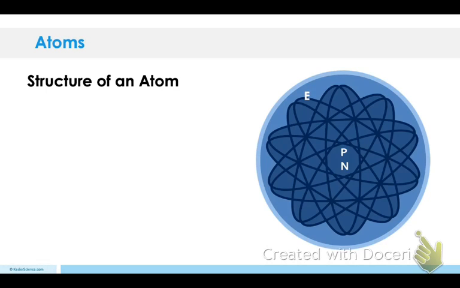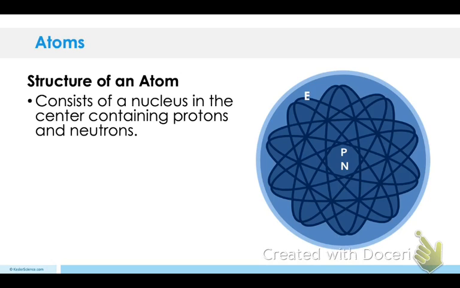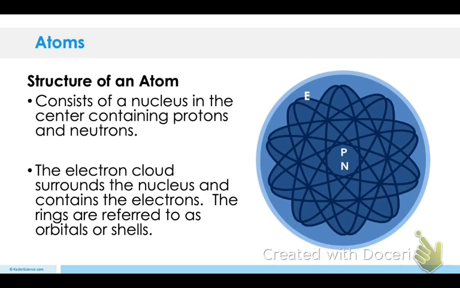So, the structure of an atom: it consists of a nucleus in the center containing protons and neutrons. The electron cloud surrounds the nucleus and contains the electrons. The rings are referred to as orbitals or shells.